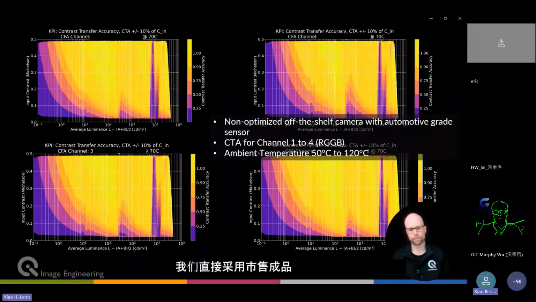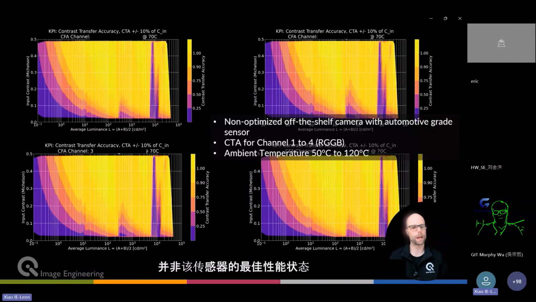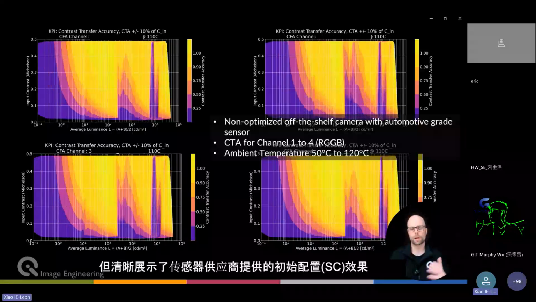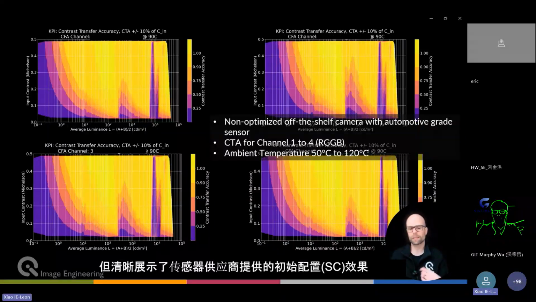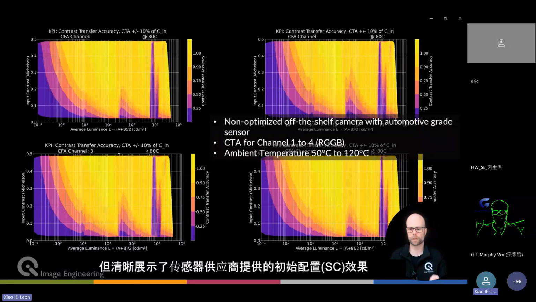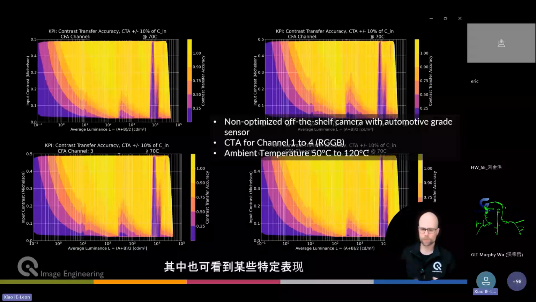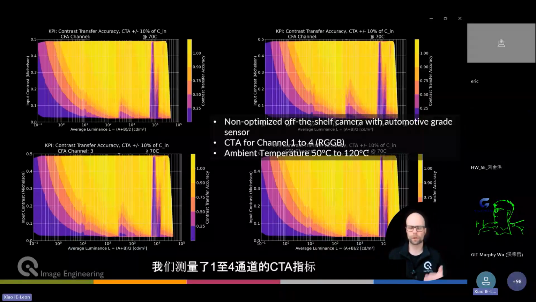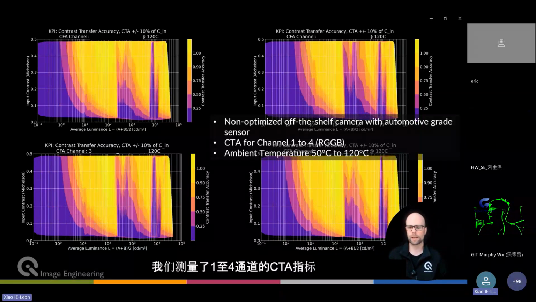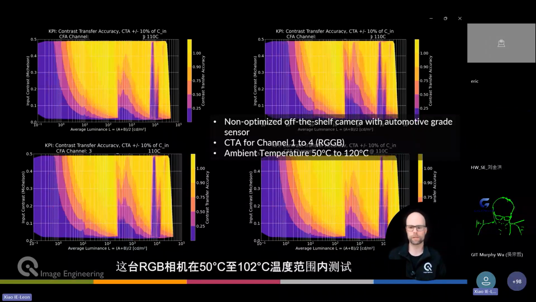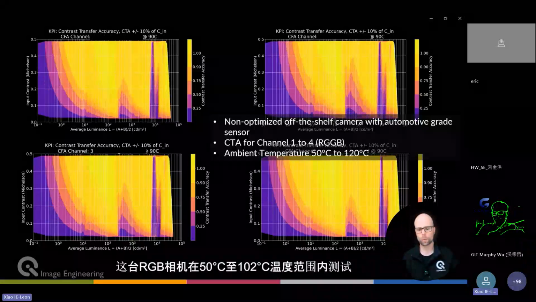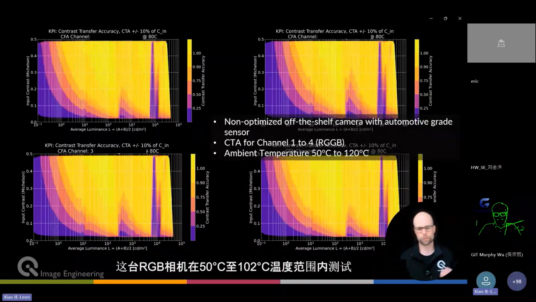So we just took the off-the-shelf camera. This is not the best that this sensor can do, but we quite nicely see this is something that you could get as the initial configuration from your sensor supplier. So there is some behavior. We measure here the CTA for channel 1 to 4. In this case, it's an RGB camera over the range of 50 degrees Celsius to 120 degrees Celsius.